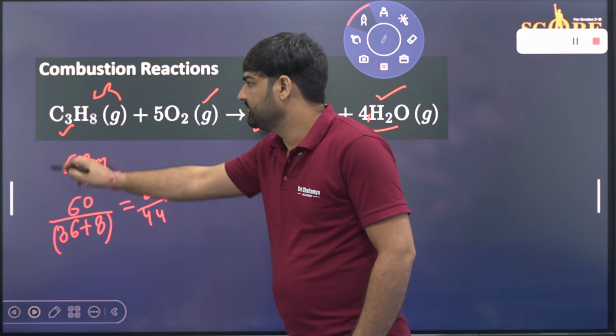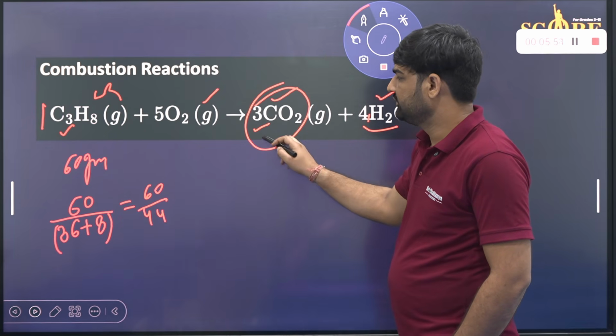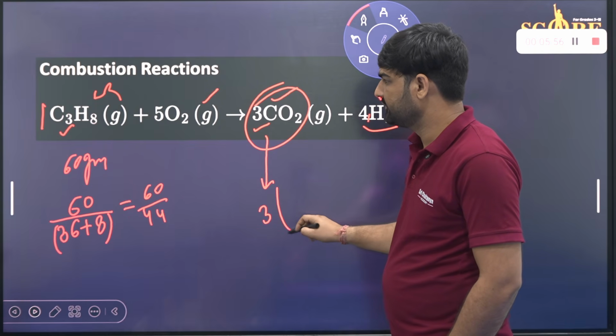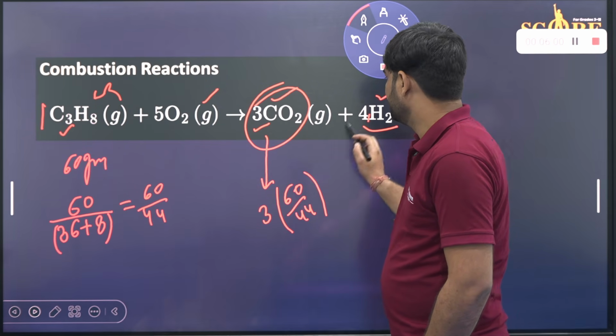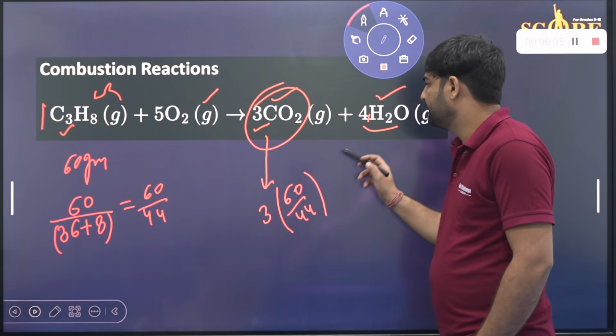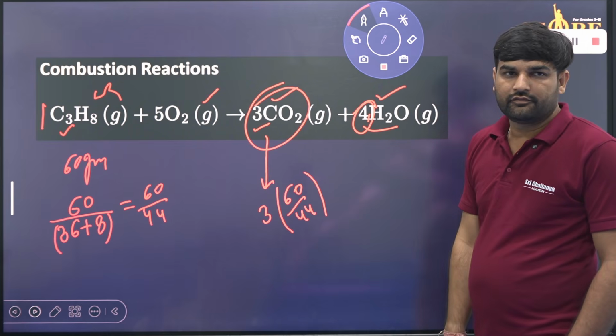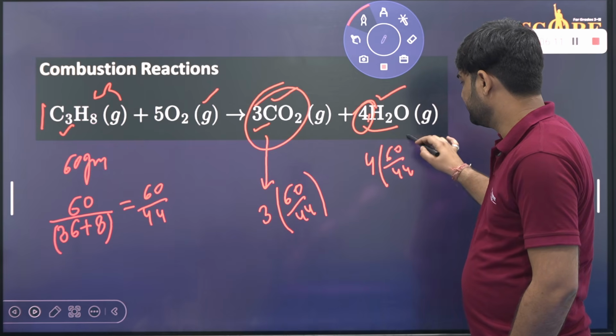So we can say 1 mole of this will be consumed and 3 moles of CO2 will be formed. So this will be 3 times 60 upon 44. If this is 1, then H2O will be 4 times 60 upon 44. This is the moles.